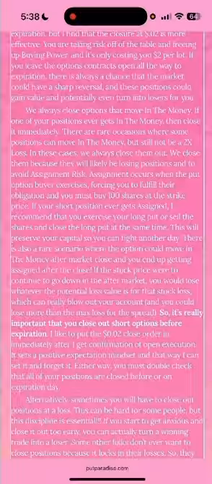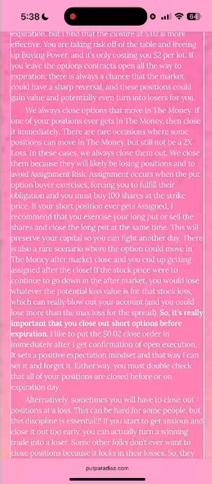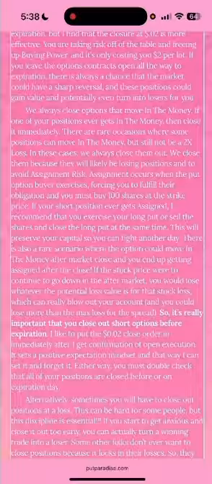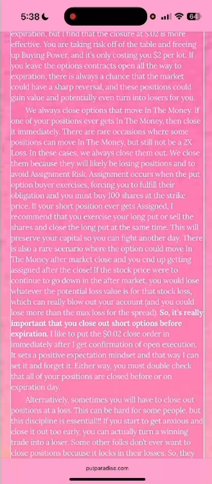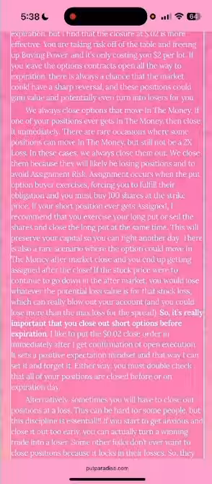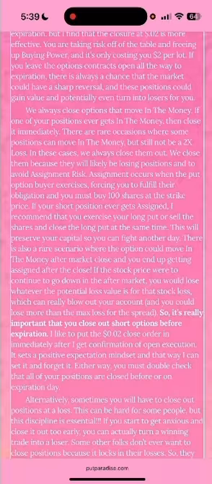So you might be wondering what assignment risk is. Assignment risk occurs when the buyer that you sold that option to exercises their option. That's going to force you as a seller to fulfill the obligation of the contract. You're going to have to buy 100 shares at the strike price.